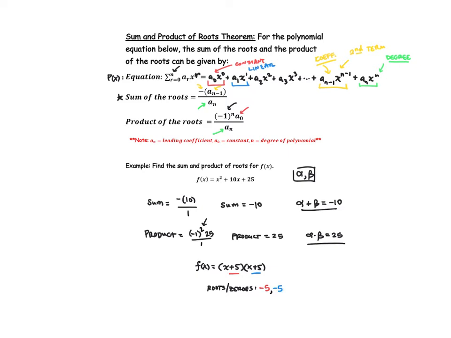So is it true that -5 plus -5 is -10? Yep, check that. And -5 times -5 is 25. Check that. So that's a very basic example of how to use the sum and products of roots theorem.